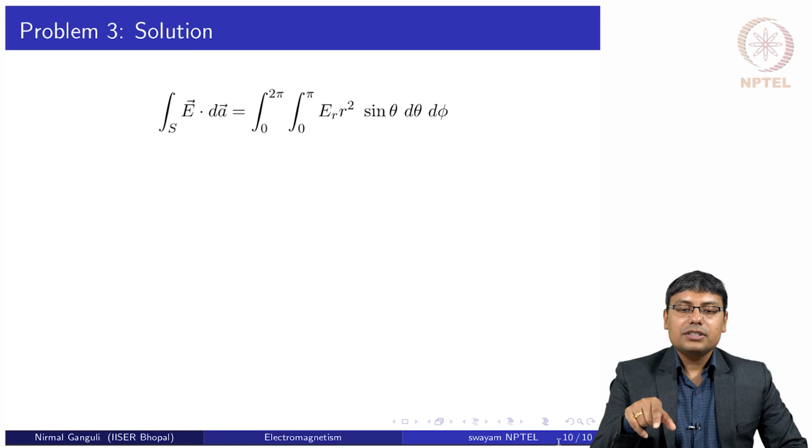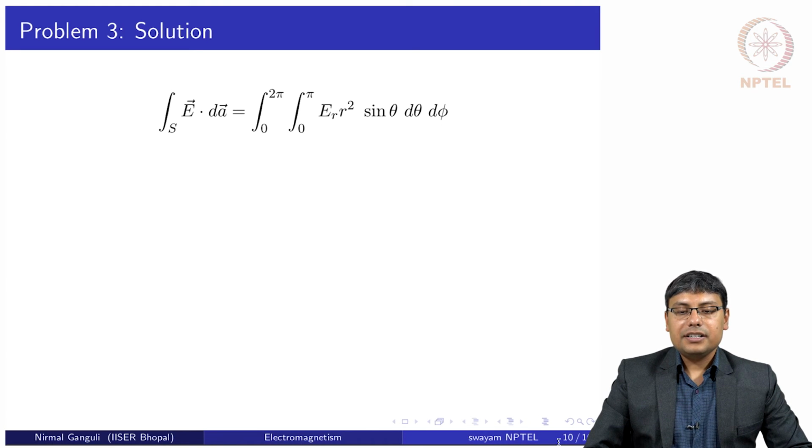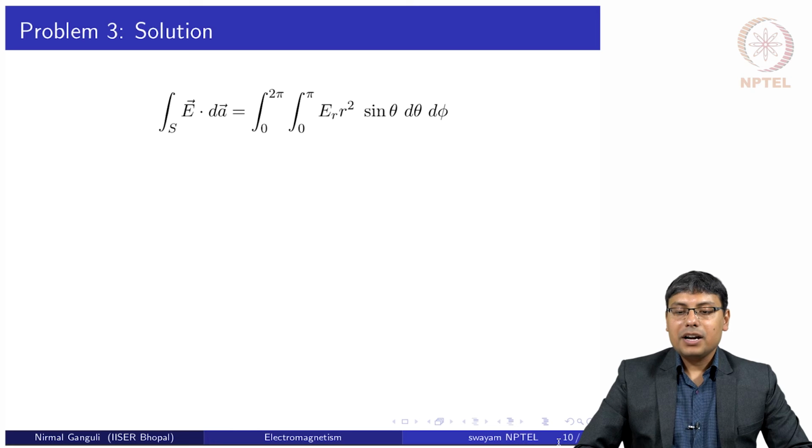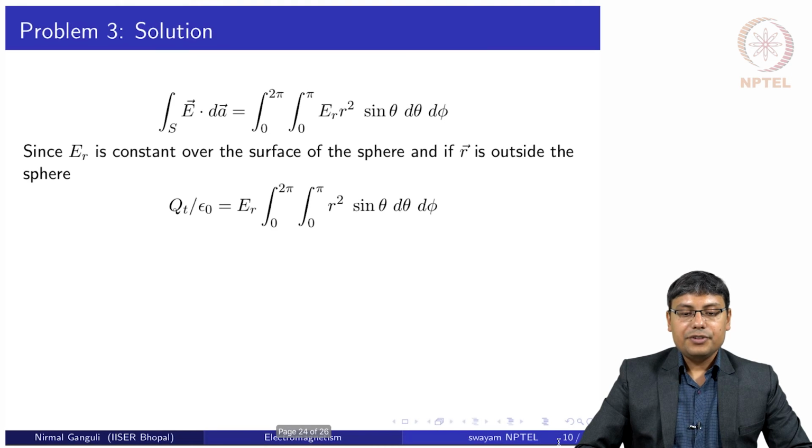So, for this Gaussian surface we can write the integral of E dot dA as integration over phi ranging from 0 to 2 pi, integration over theta ranging from 0 to pi, the r component of the electric field times r squared sin theta d theta d phi. If we perform this, then we will get the r component of the electric field.